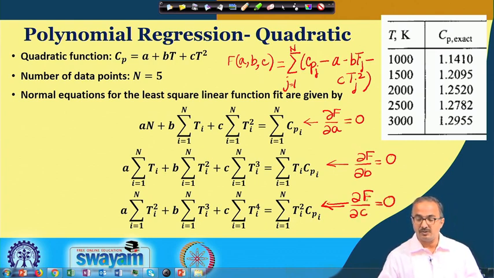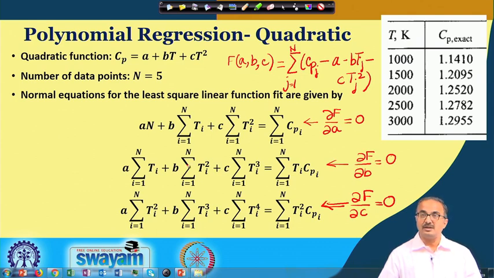So by doing this, you get these three equations, and we have three unknowns, that is A, B and C. Once you get these equations, it becomes easy for you to solve them and get the values of A, B, C.